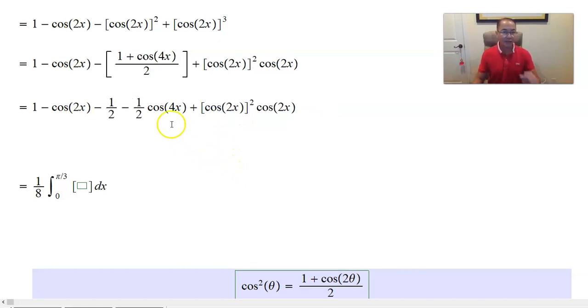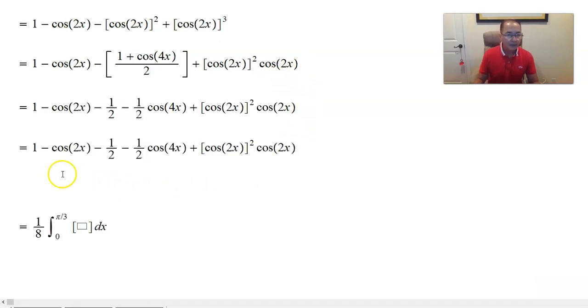I will erase this. That goes away. Quick check. Minus 1/2 cosine 4x. Okay, so this is now ready to integrate, but we have 1 minus 1/2. That's nice. So let's simplify further. 1 minus 1/2 is just 1/2.